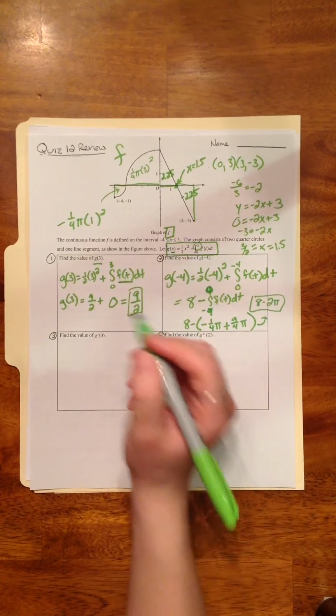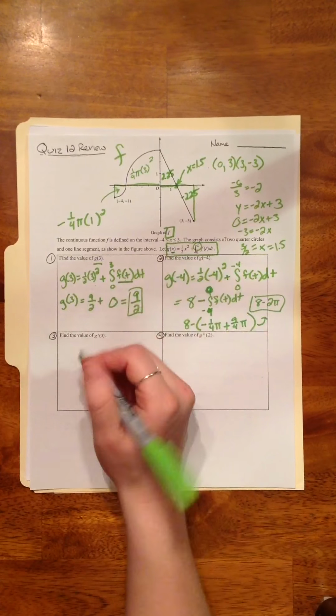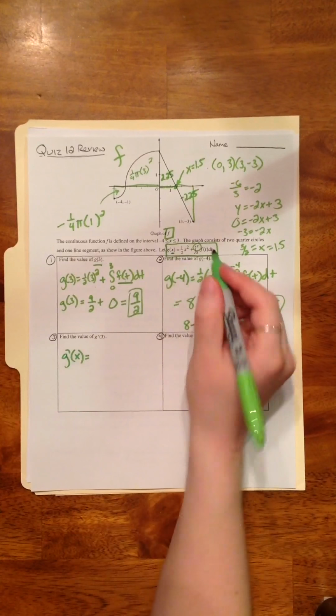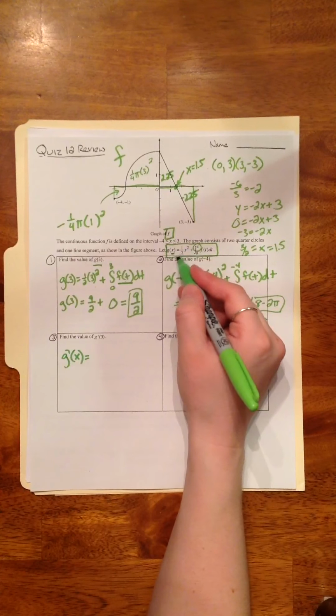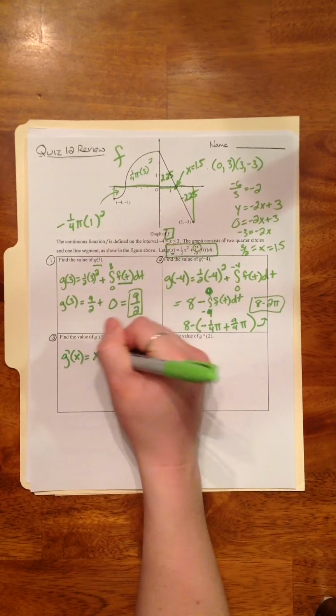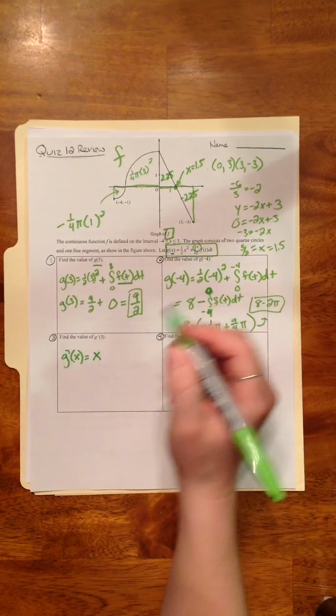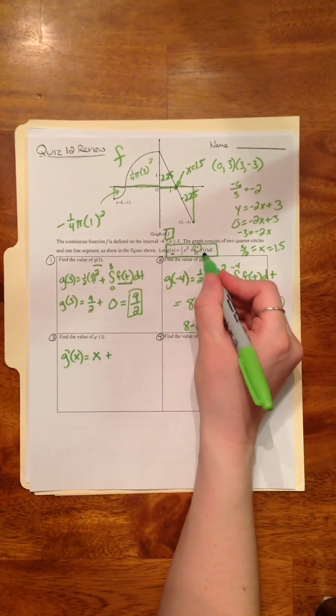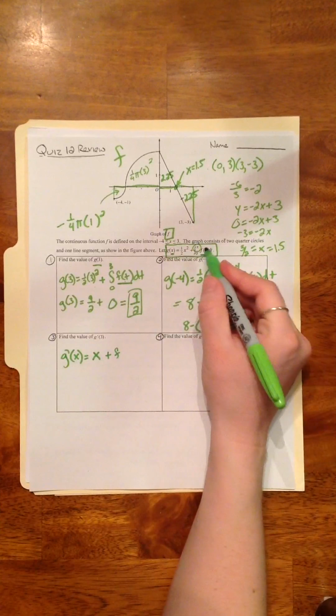Okay, g prime in this. So if this is g of x, g prime of x is going to be 1/2 x squared, so this would be 2 times 1/2 is 1 x. We knew exponent would just be 1, plus a derivative of the integral is the stuff on the inside with this substitute.